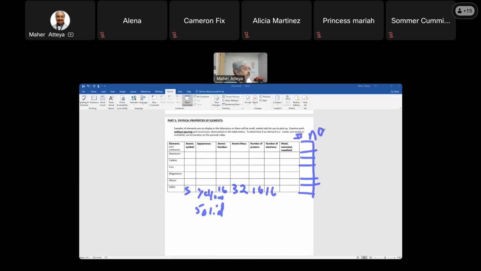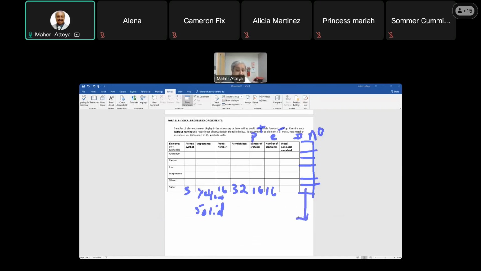Every time I do this lab, I say we have to add another column called number of neutrons. So protons are P plus, electrons are E negative, and neutrons N zero. Right? So how much is it here?